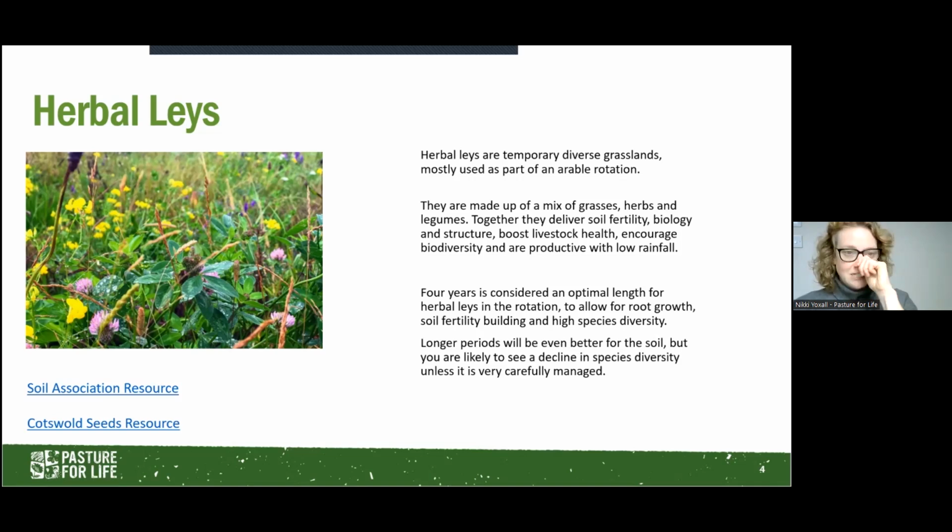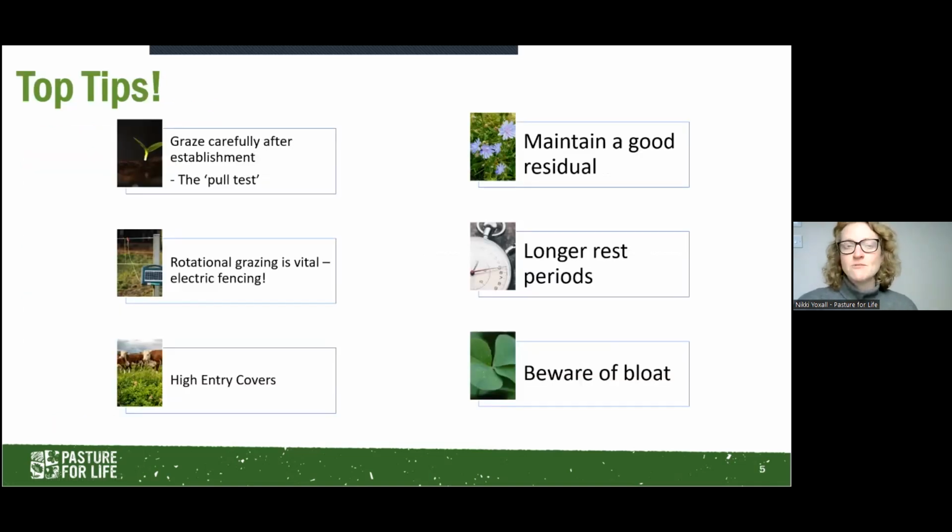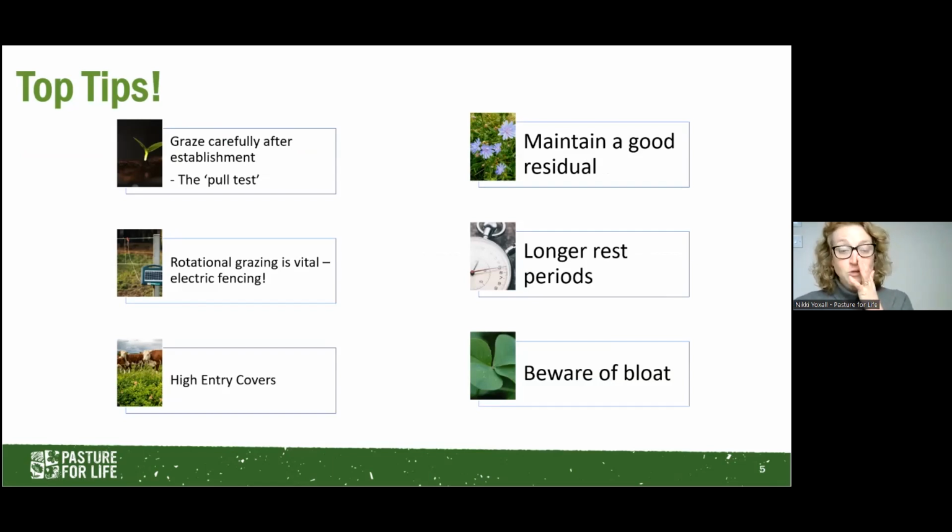Generally, what we say is that there are some top tips for managing herbal lays. The first one would be not to graze them too quickly. So once you've sown your herbal lay, whatever your establishment approach might be, make sure you're not putting animals on there too quickly, doing the pull test where you pull the plants and make sure they're not just ripping out of the ground, because obviously we know cows graze by wrapping their tongue around the plant.